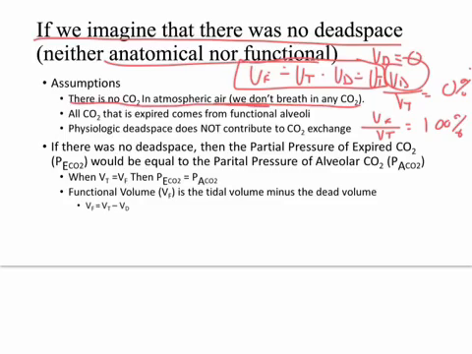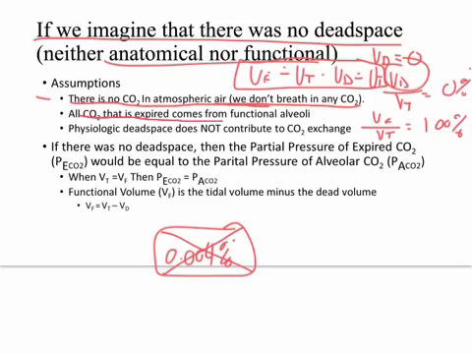But in the normal atmosphere, CO2 is 0.004%, something like 4 parts per 10,000. So although this isn't a completely correct assumption, for calculation purposes, it's a safe assumption. The second assumption we make is that all of the CO2 that comes out of the lungs comes from functional alveoli.